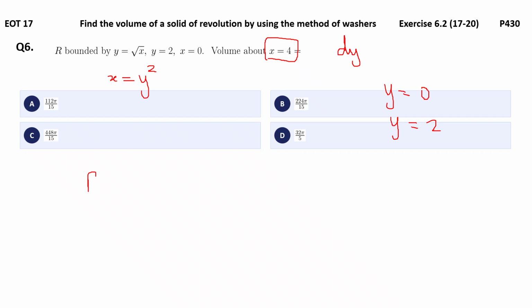In that case, we are supposed to identify our outer radius and the inner radius. Outer radius will be from 4, that is on the right hand side, until the axis, which is 4 minus 0. And the inner radius will be from 4 until the function, which is 4 minus x. So the outer radius is 4, whereas the inner radius is 4 minus y squared.